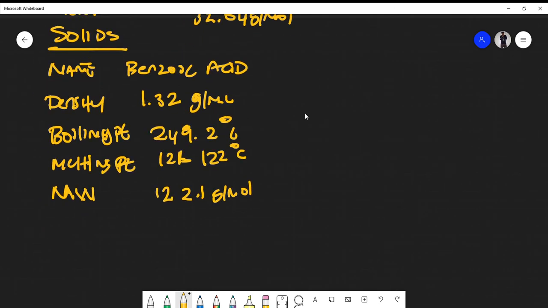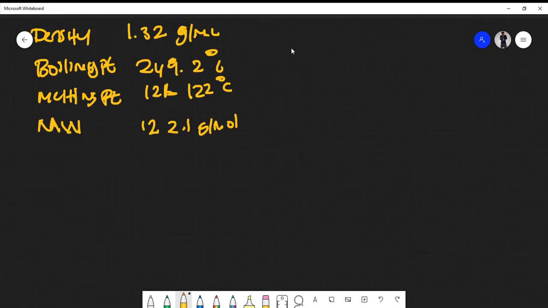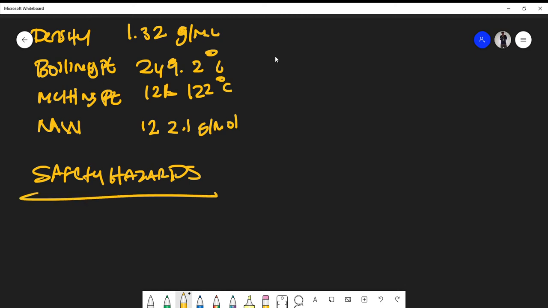The safety hazards, right? You want to make sure you know any safety hazards with any compounds you're working with. So for example, if you look at the safety hazards for this lab, for something like ethanol, you may expect it to be highly flammable.